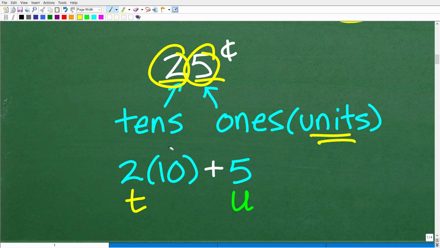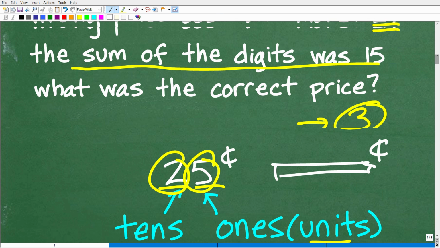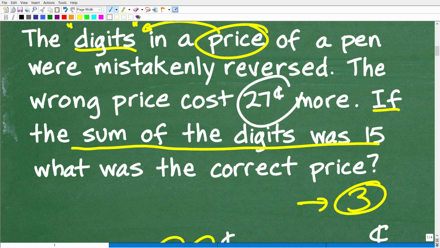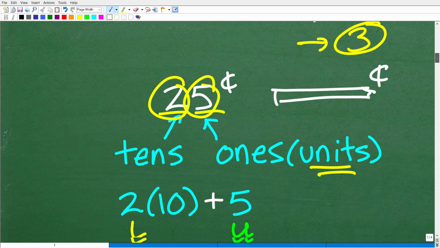All right, now what I'm going to do here is use two variables to represent the digits of our price. So we have a lovely pen over here, and it has some sort of price in cents. Let's go back up here to the problem. We're talking about 27 cents. So we're going to build the price of this pen in terms of cents.